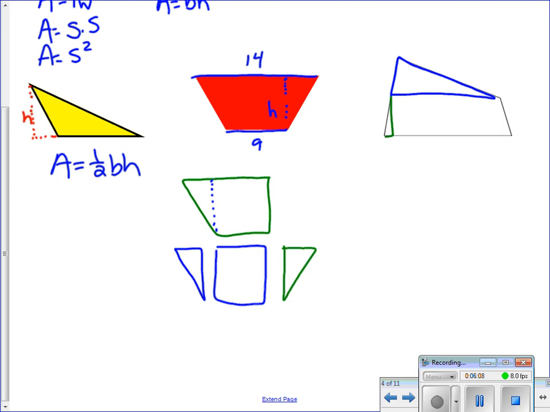It looks like I'd have to find a triangle here. Find a triangle here. And then that leaves me with a nice rectangle in the middle. So you might have to get creative like we did with the hockey stick last week to find shapes that you know the formulas for. Don't just assume that all 4-sided figures are base times height. So that's what we're going to continue to do today.